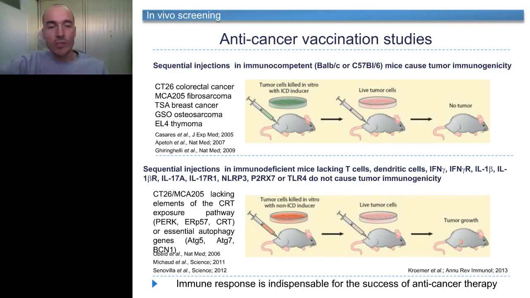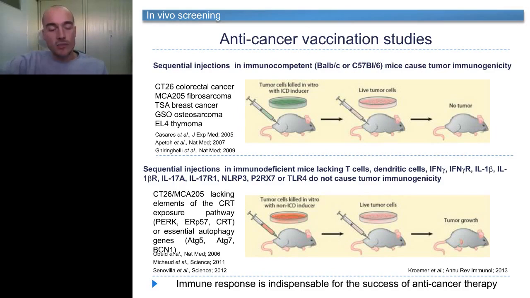These parts of the pathway include T cells and dendritic cells, certain cytokines and their specific receptors, as well as danger receptors of the P2RX7 and TLR4 type. Because the anti-cancer vaccination effect that we see when using in vitro killed cells is entirely absent in mice that lack parts of this pathway.